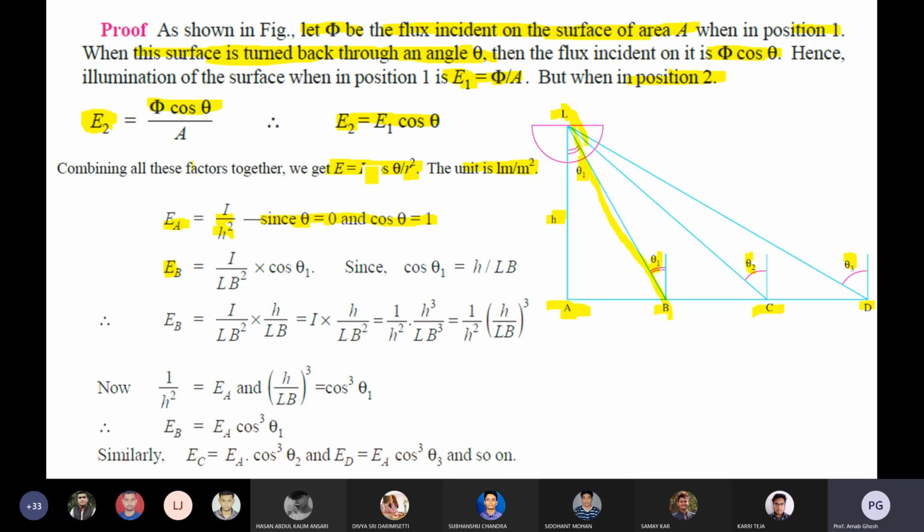That will be your EB. Since cos theta 1 equals B by H, with the base H and hypotenuse LB, you can replace cos theta 1 by H by LB. So the value is I into H by LB.